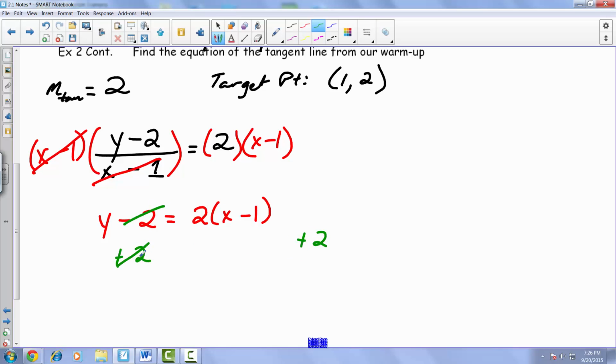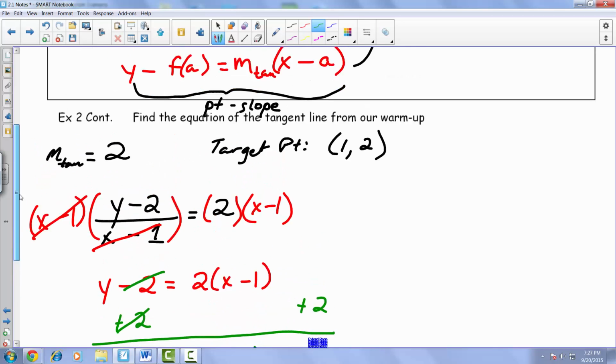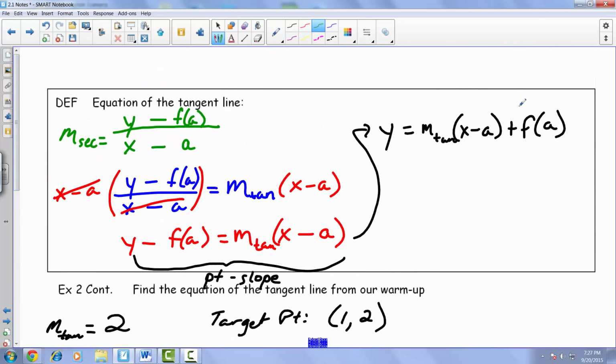Typically, when we did point slope back in algebra, we would distribute this first. So we end up with y is equal to 2 times x minus 1 plus 2. And there you can see it is in fact matching our definition. We have that tangent slope times x minus our target x plus our target y value.